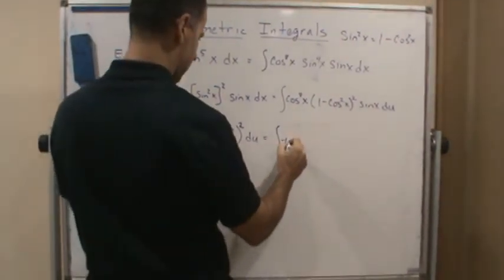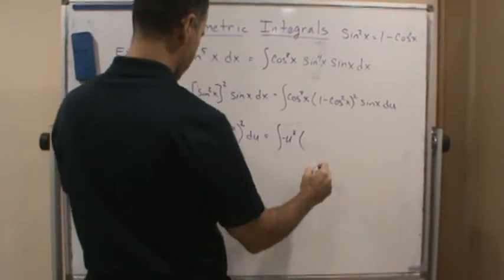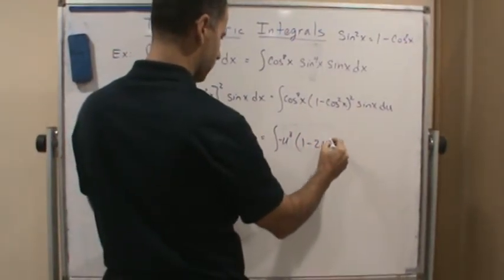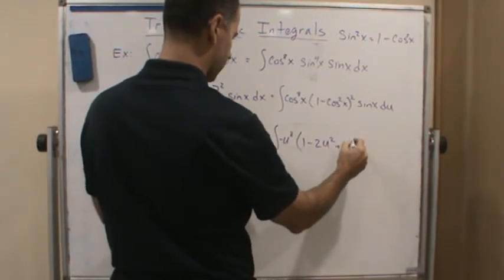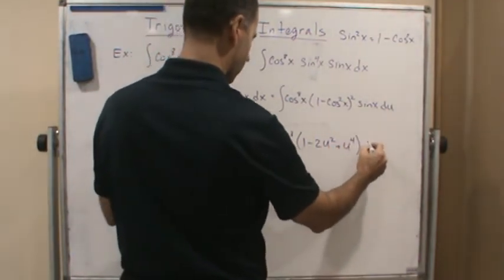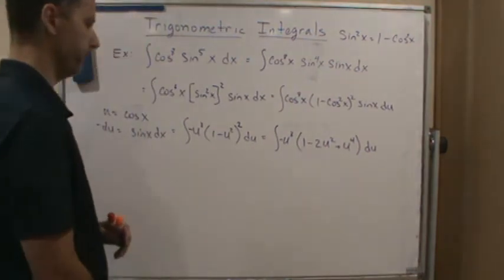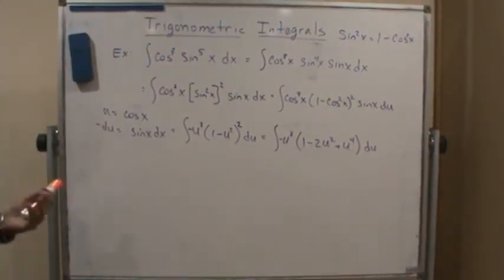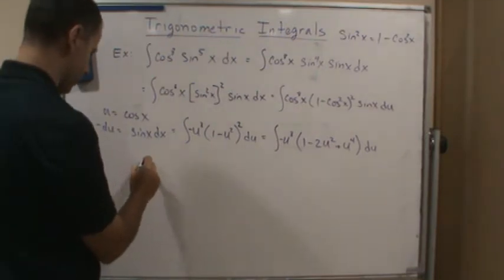So this is going to be negative u to the 8th times 1 minus 2u squared plus u to the 4th, du. And now I'm going to distribute.